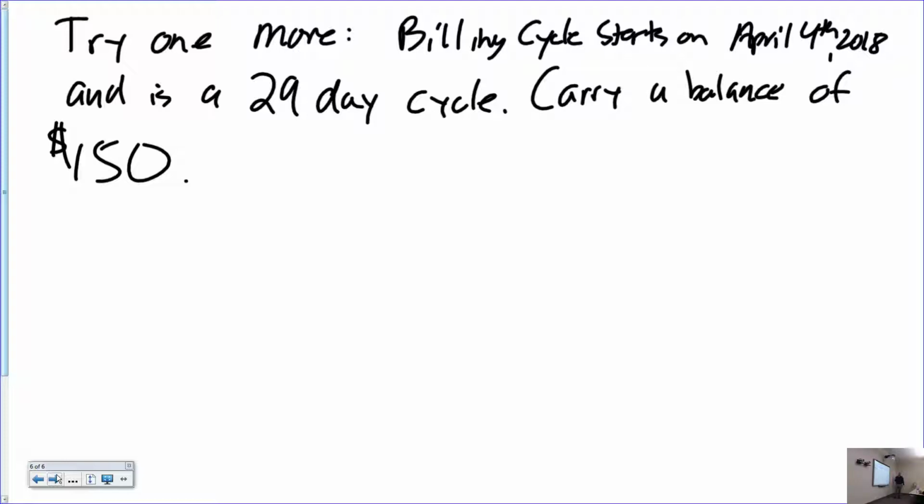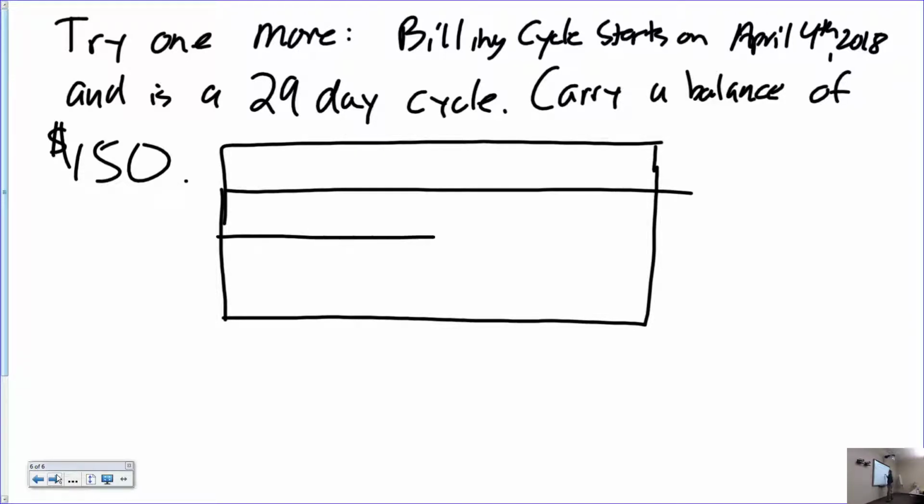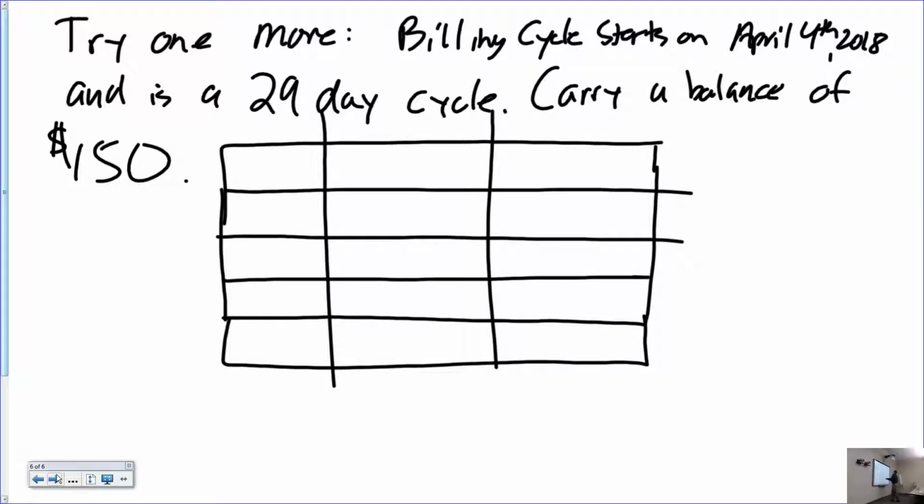Alright, so here's my statement for this month. We'll just have 5 things happening, and that's not too bad. Let's suppose that on April 10th, first of every statement's always gas, $30.